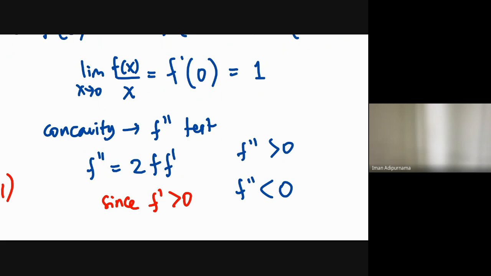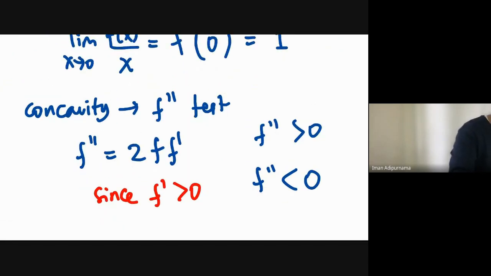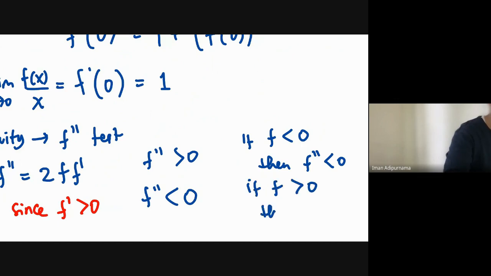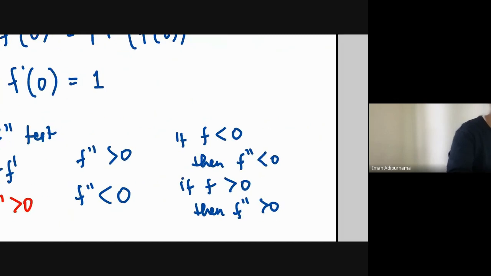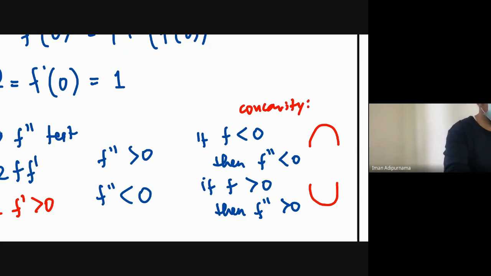So the concavity changes upwards and downwards because of f. So right here, if f is less than 0, then concavity means this is concave upwards, this is concave downwards. You can just write the words concavity. I don't have space here.